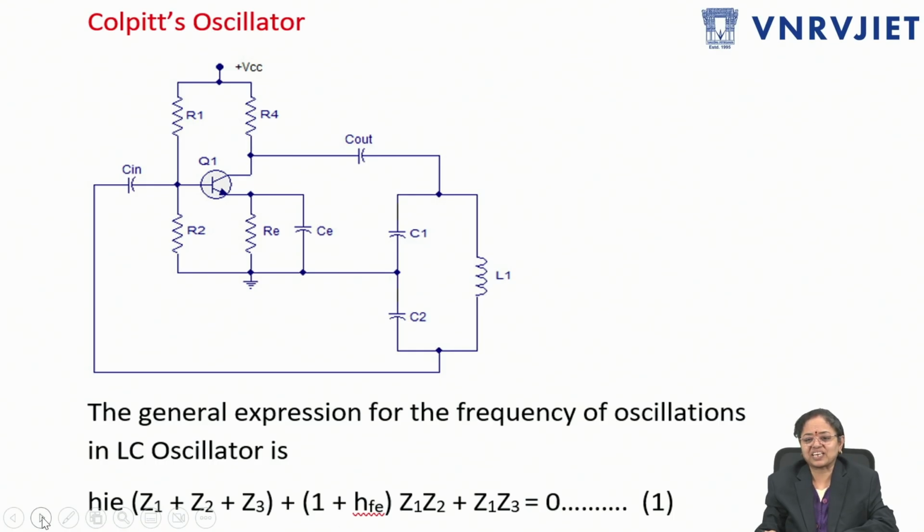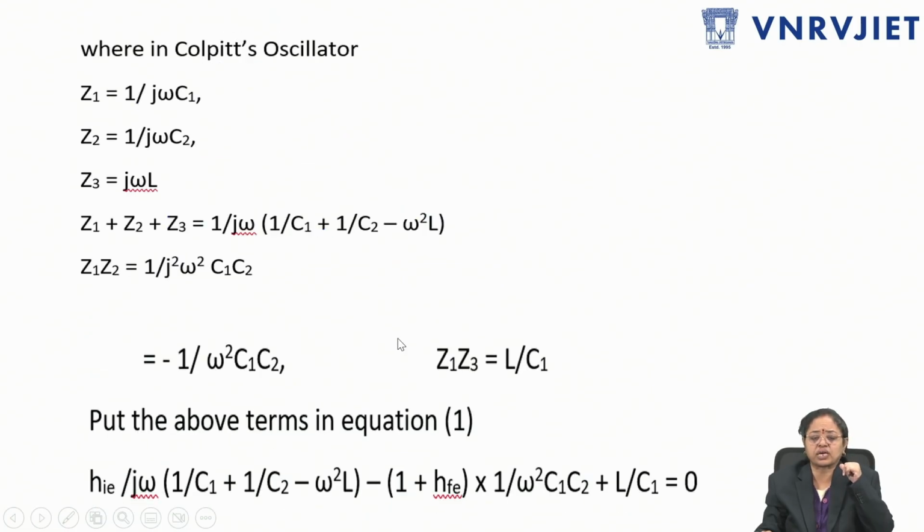So this is the general equation. In another video, I will discuss the derivation of this general equation. So in Colpitts oscillators, we can straight away take this general equation to proceed with our derivation for the frequency of oscillations. So this equation 1 is the general equation with the help of which we can proceed.